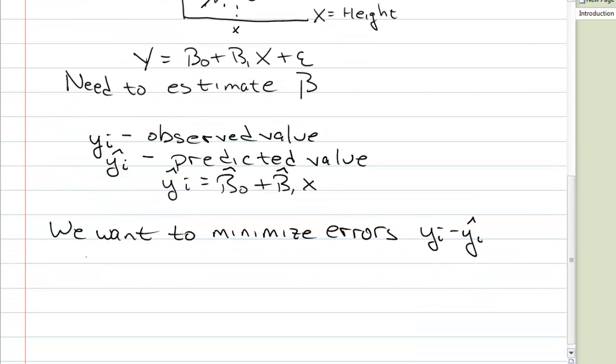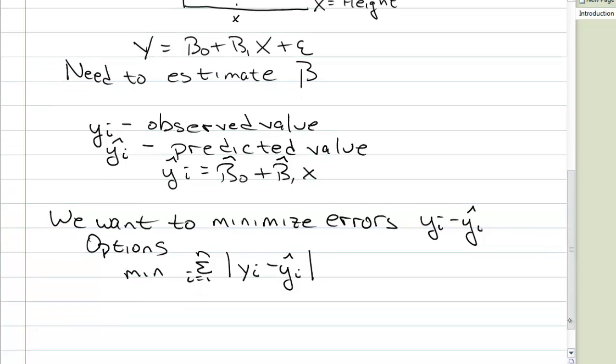Anytime we minimize, we have to figure out what criteria we're going to use. Some options: we could add up all the errors, i equals 1 to n. Now, sometimes this value could be negative, sometimes positive. We don't want to add negative and positive numbers. So one criterion would be to take the absolute value and minimize this.